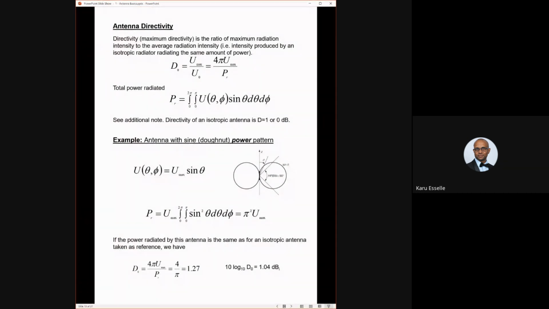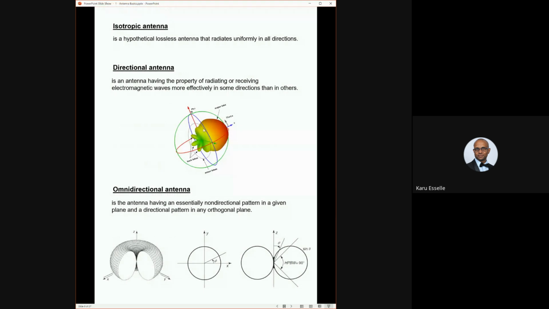The average power density, or radiation density, is defined as the intensity produced by an isotropic radiator radiating the same amount of power. So now you take the same amount of power, P_T, which is 10 watts in our example, and apply it to an isotropic radiator that radiates that power in all directions equally.